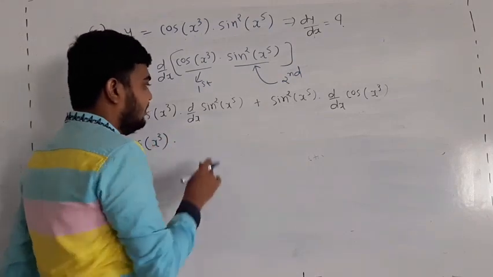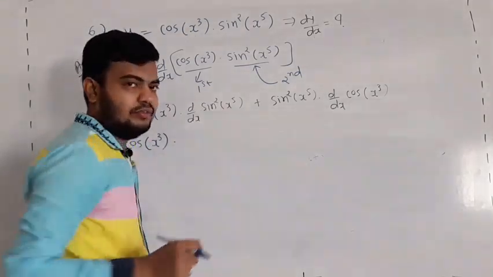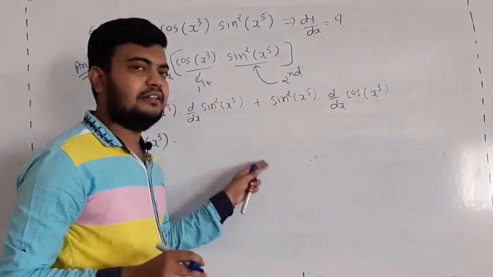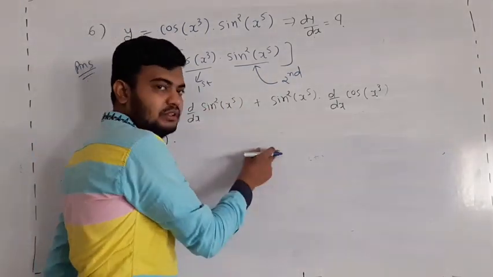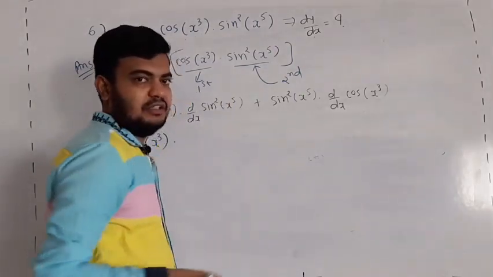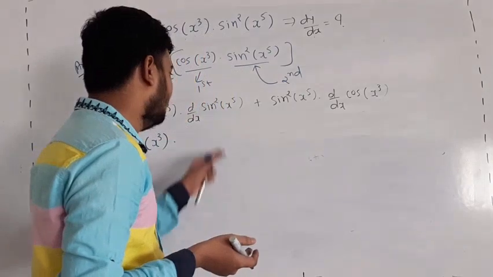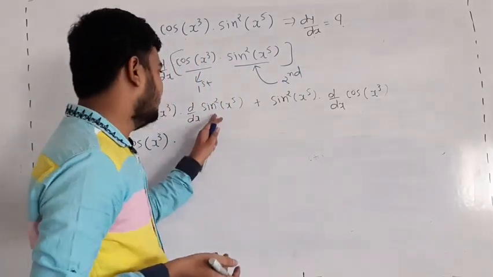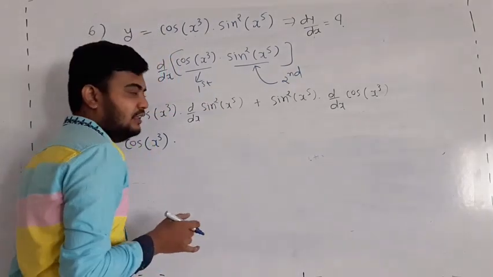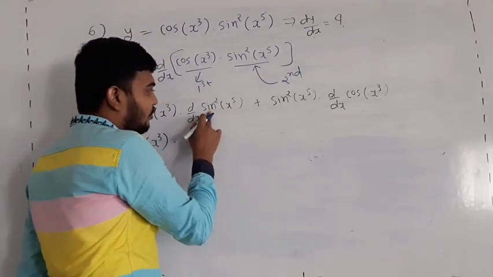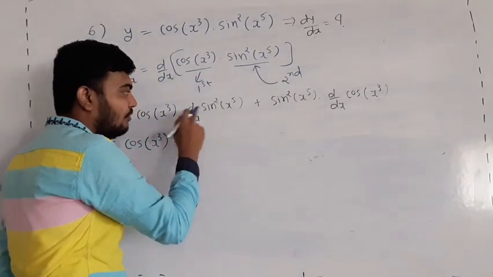Now here there is a composite function, sine square x raised to 5. Here it is not a standard formula, and we are not able to use the division rule or multiplication rule. Obviously one thing remains, and that thing is the composite function. So sine square x raised to 5 is a composite function. Okay, now it is the new thing. Here the outermost function is sine, and there is a power on the outermost function.